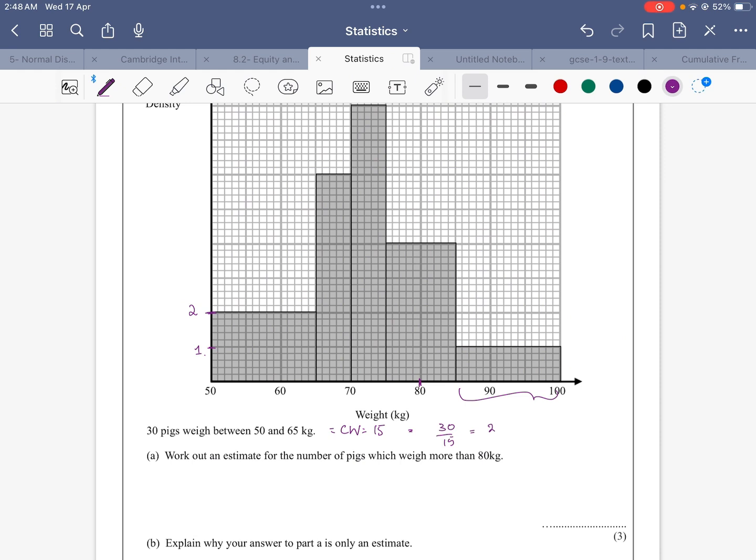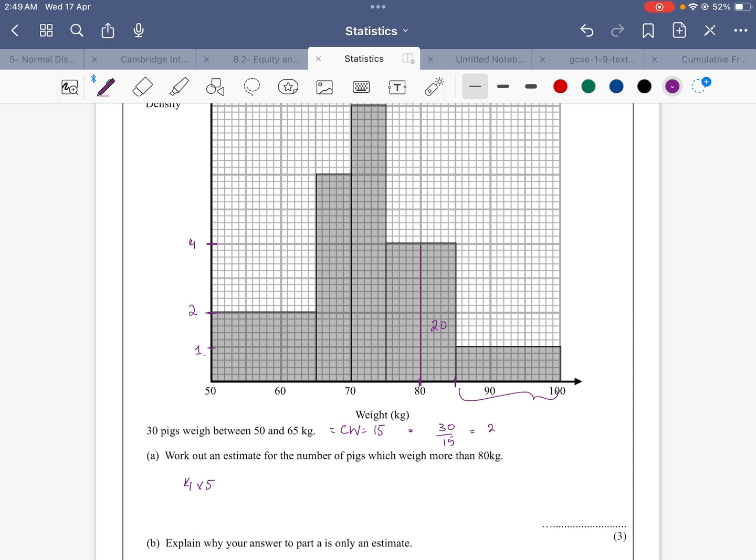Estimate the number of pigs which weigh more than 80 kg. We have to draw a line over here, right? We have to estimate this. If this is 2, this is 4. When frequency density is 4, we multiply by the class width, which is 85 minus 80, so 5. 4 multiplied by 5 is equal to the frequency, which is 20.